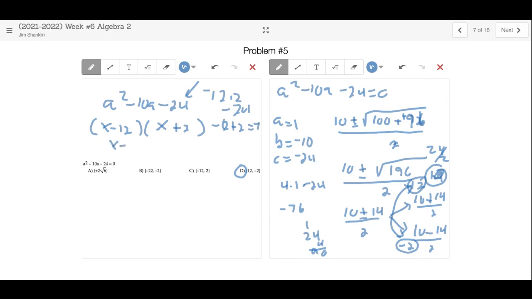So that means my solution would be x equals 12, x equals negative 2. Now, you don't have to do factoring this way. It's not needed. But it would give us the exact same answer. So I get the same answer regardless if I factored, if I completed the square, if I did quadratic formula. All three methods work.